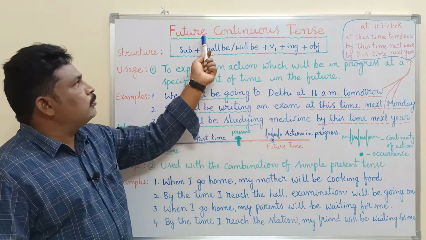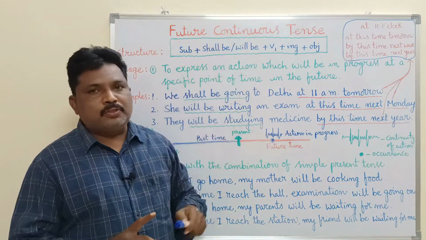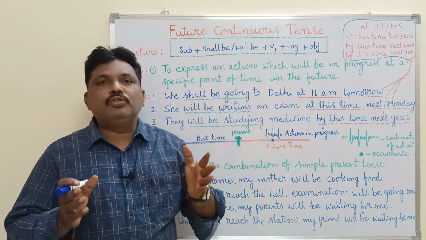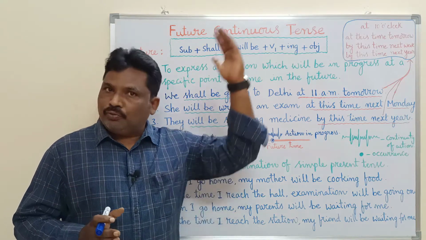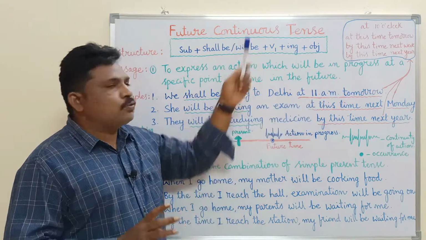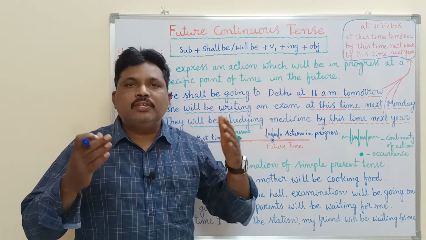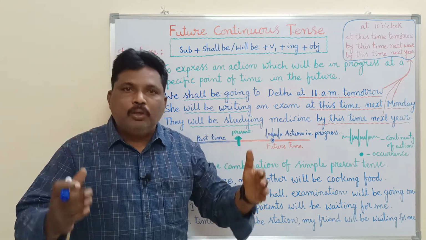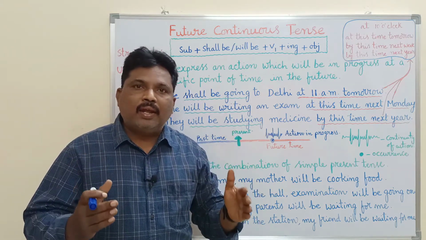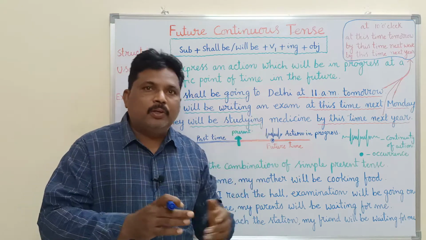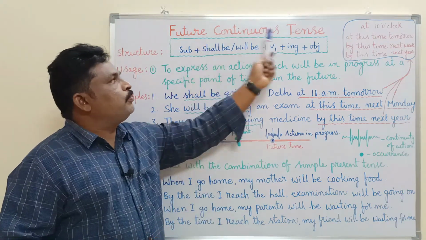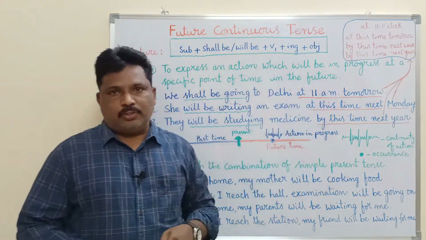Remember the two terms, future and continuous. You know the meaning of future, the time of future. Continuous means the action is in progress. If an action will be in progress at a future time, that is future continuous tense.